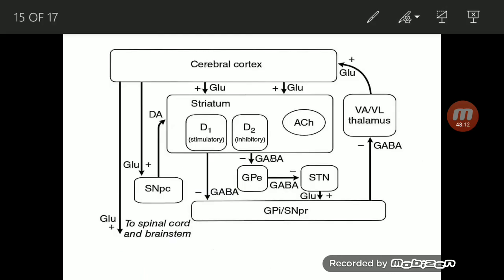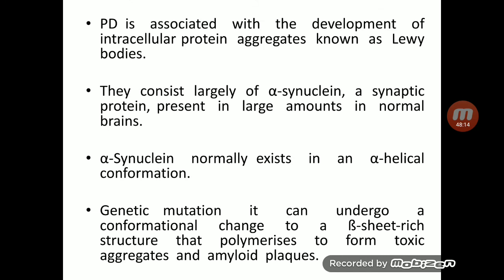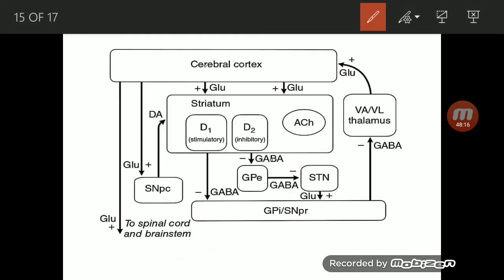Whereas lastly, in case of Parkinson's disease, this substantia nigra pars compacta, which was giving rise to your dopaminergic neuron, is degraded. Since there is degradation of your neuron, your dopamine is not released properly.